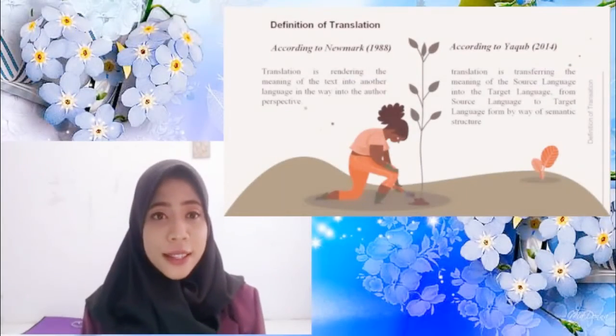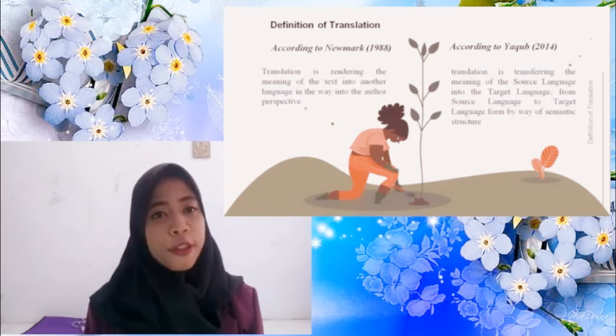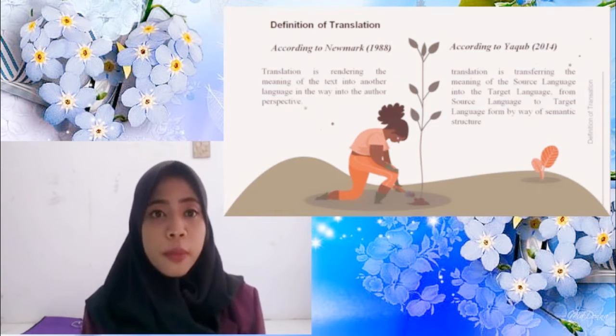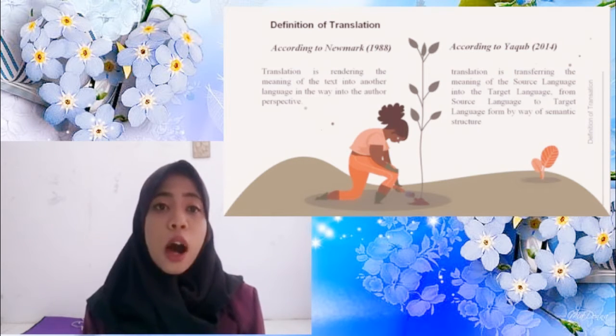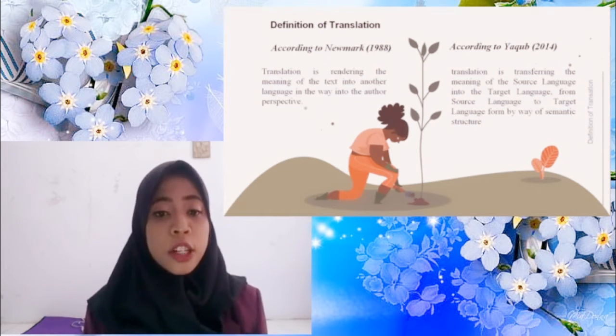First, I will tell you about the definition of translation from the experts. According to Newmark 1988, translation is rendering the meaning of a text into another language in the way the author intended. Similarly, according to Yakub 2014, translation is transferring the meaning of the source language into the target language by way of semantic structure.